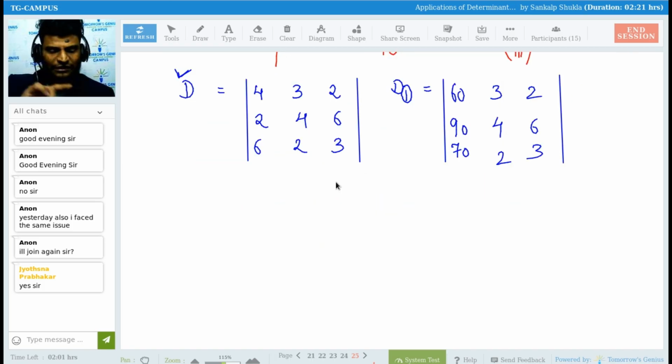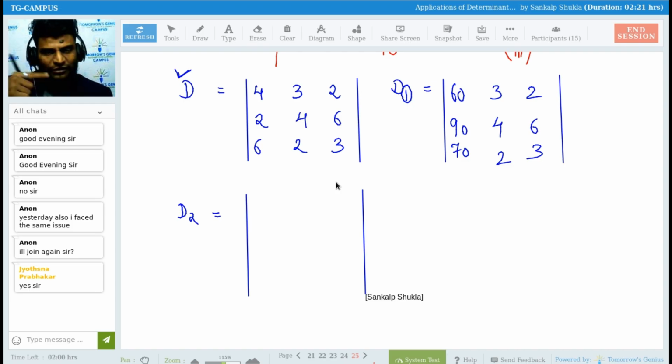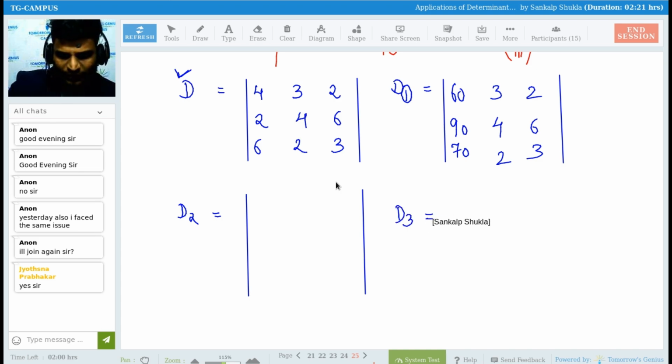Okay, so D is clear, D1 is clear. Now, to form D2, I will replace my second column by these answers. And when I form D3, I'll replace the third column.